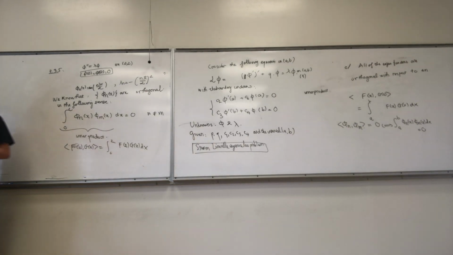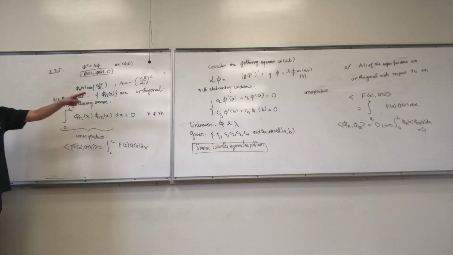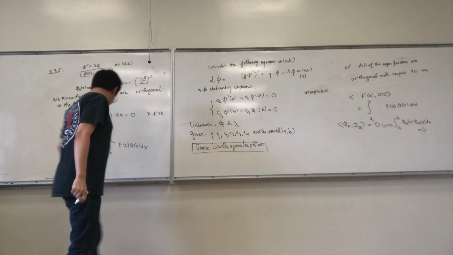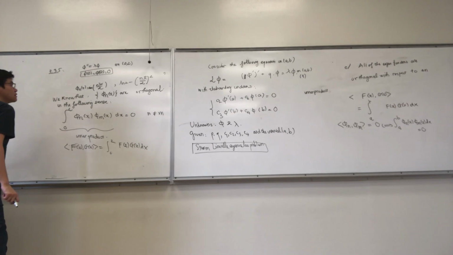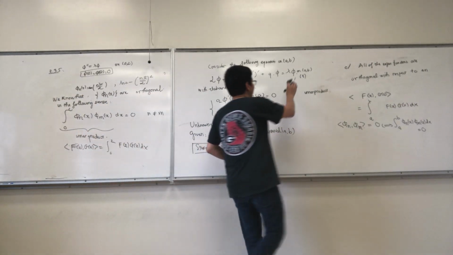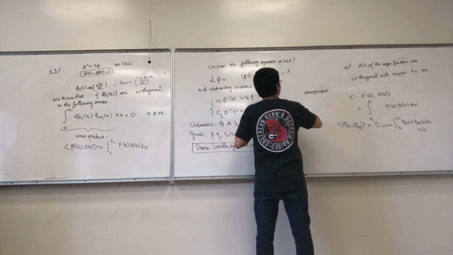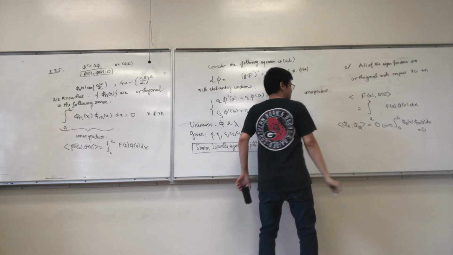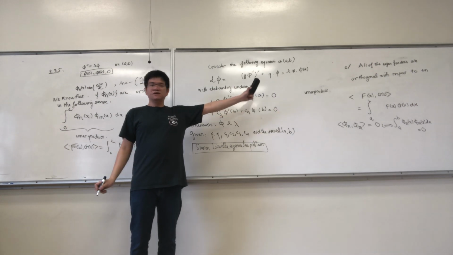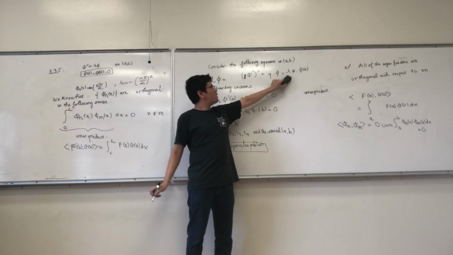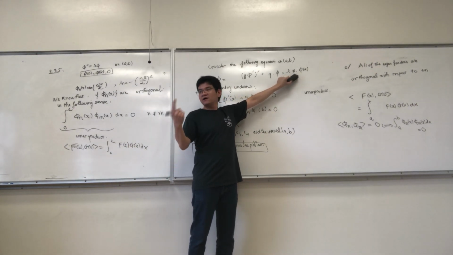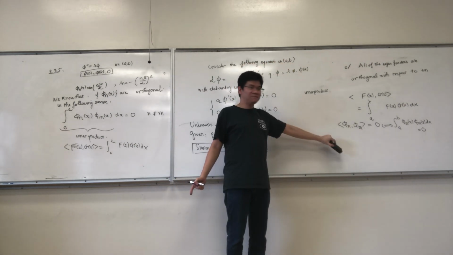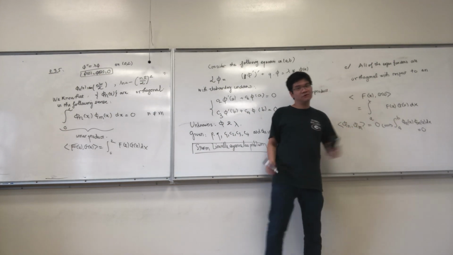I wrote a w previously because I want to generalize this problem to something more complicated. Suppose that I give you another function w and you have to solve this equation. The same thing happens, except that here you have to put a weight.